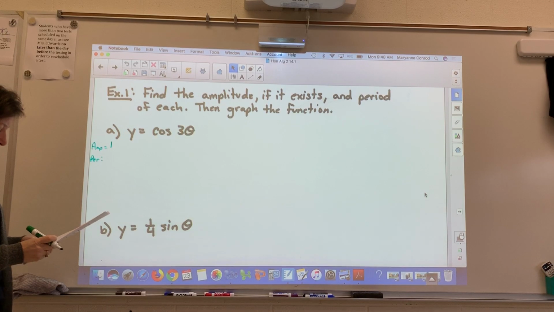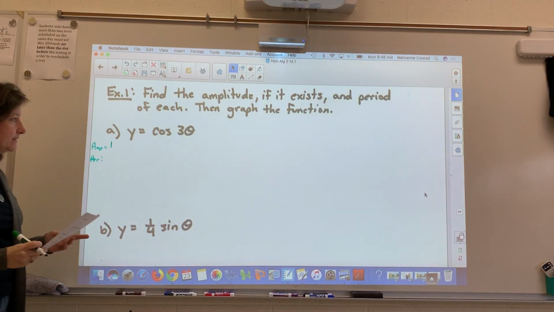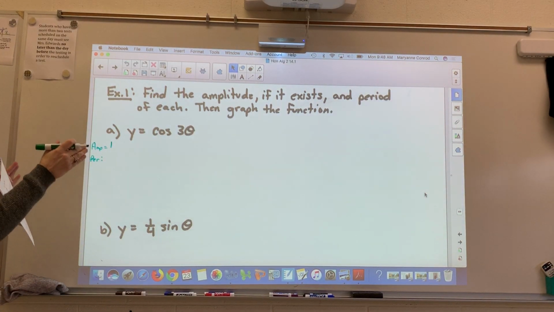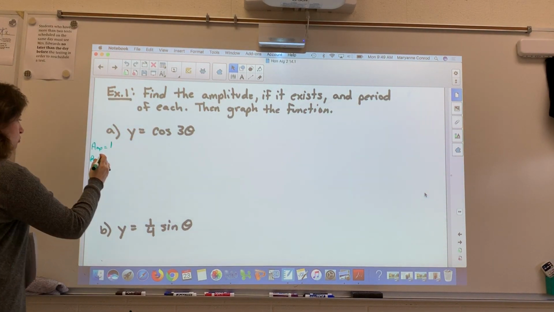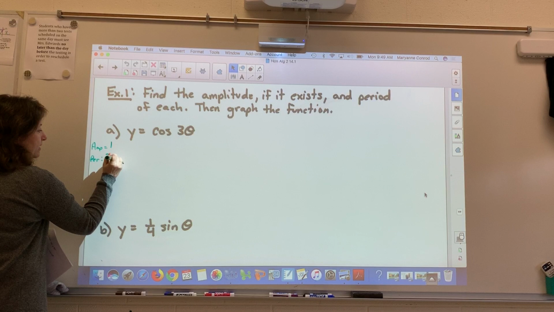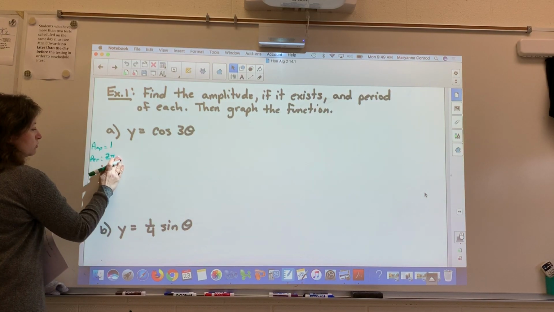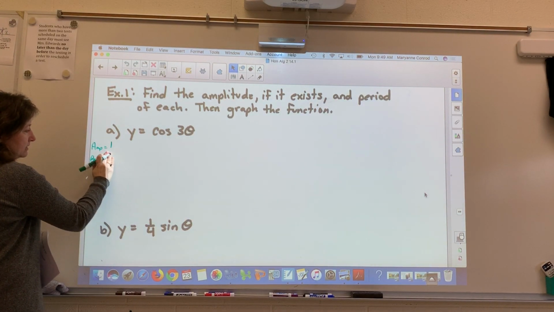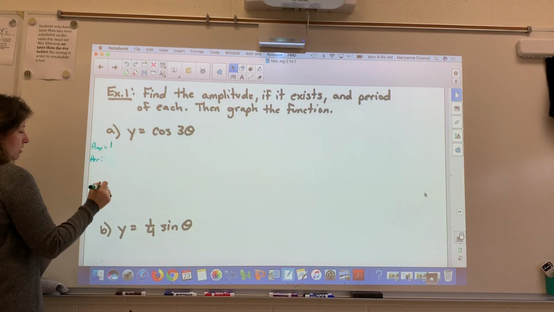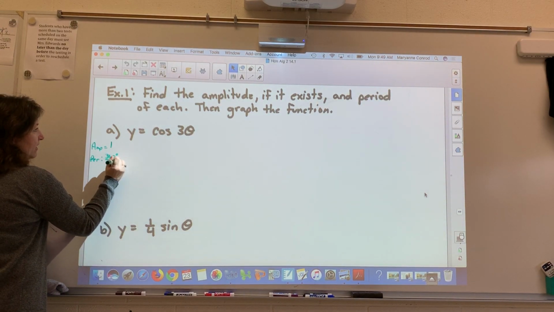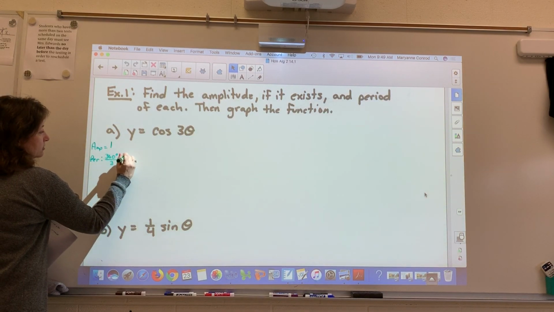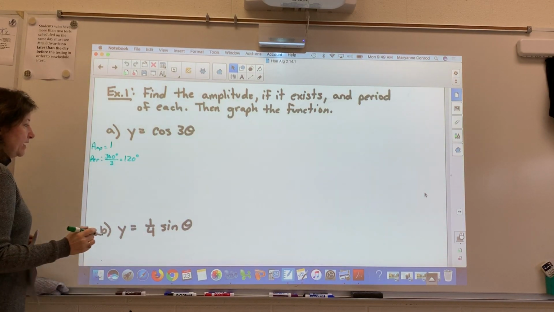Let's do this one in radians. What's the period of the whole cosine parent graph? It is 2 pi. So we're going to do 2 pi divided by, actually we'll do this one in degrees and then I'll practice the radians on the sine curve. So we're going to do 360 divided by 3. So the new period is 120.